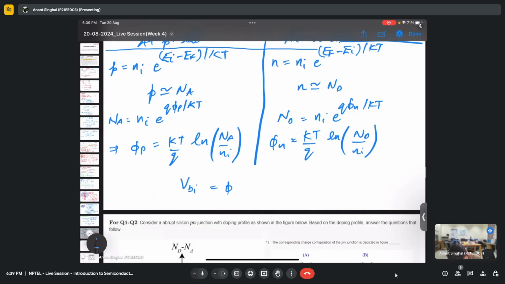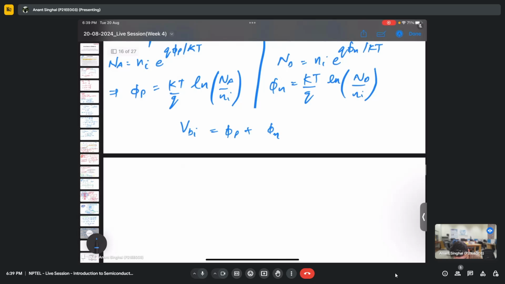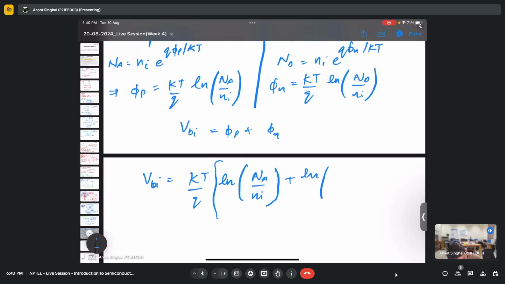So if you don't have any doubts, then we know that Vbi equals φp plus φn. So we'll just add the log terms. I'm not writing it again, I'm just writing kT by q ln Na by ni, plus kT by q ln Nd by ni. I can take kT by q common.